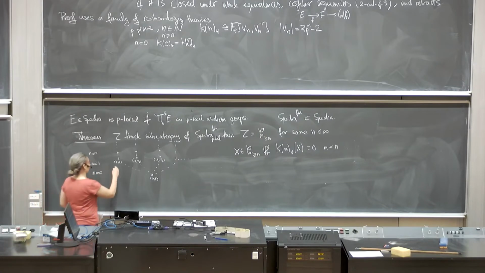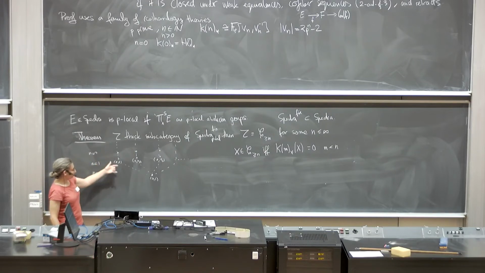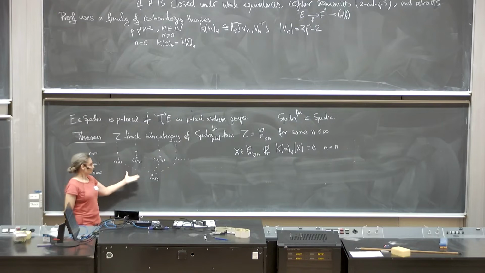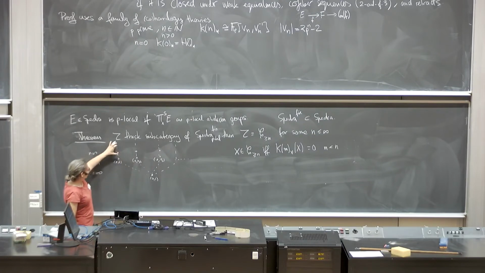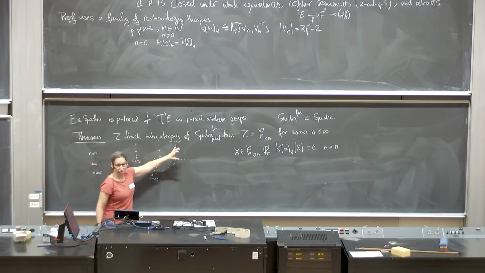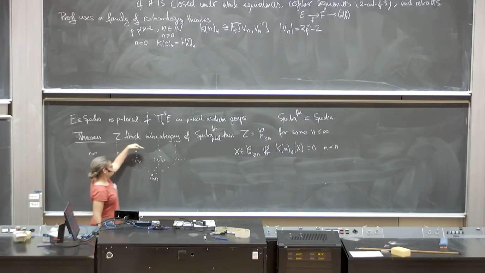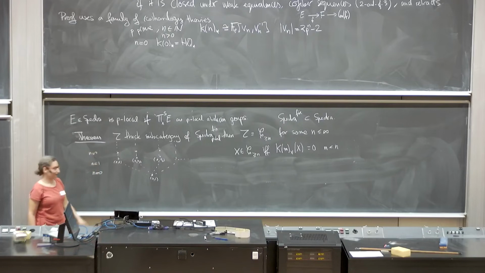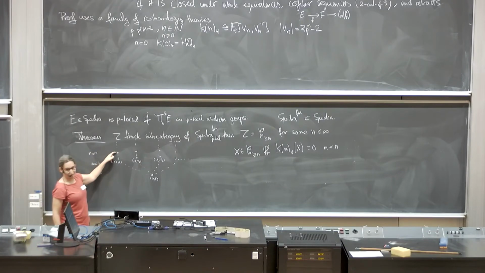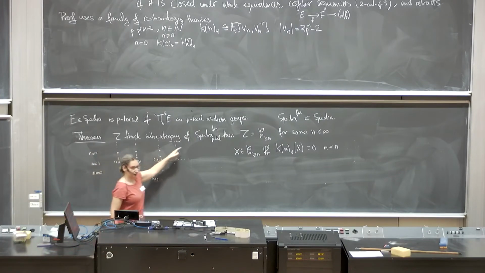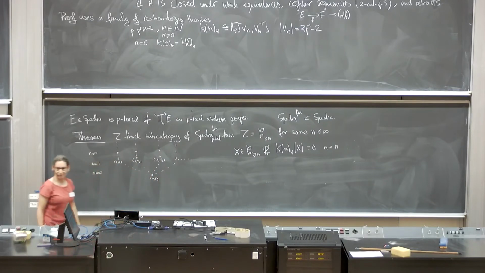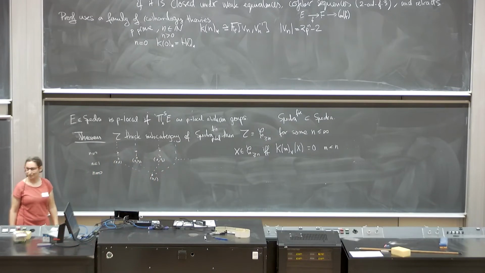So any thick subcategory of spectra can be determined by a subset of this set in the picture. It can be empty, or just a union of subsets of these columns, which means you fix a level in the column, and then you have a prime and an n, and you have different primes and n's, and that determines all thick subcategories in the category of finite spectra.